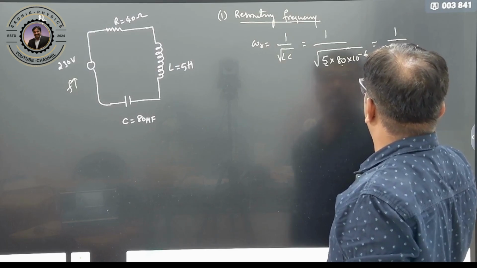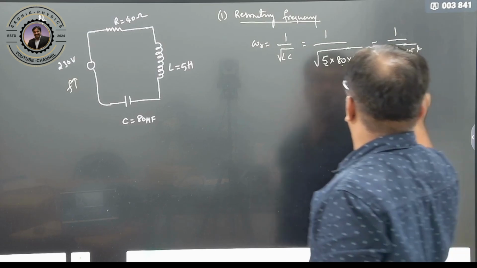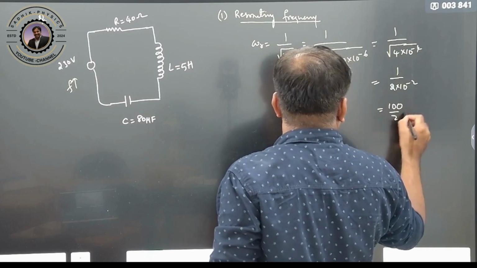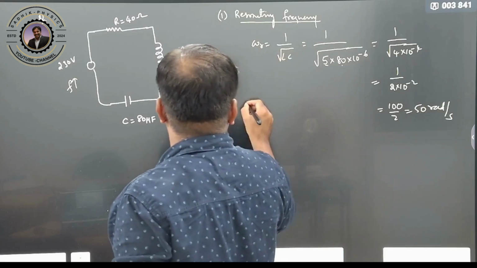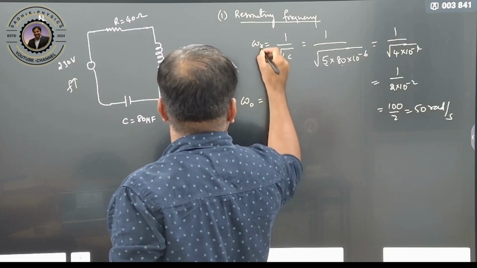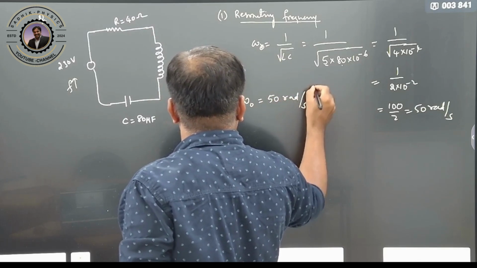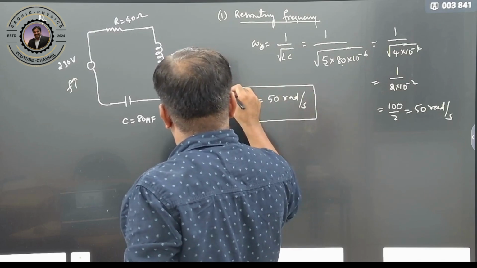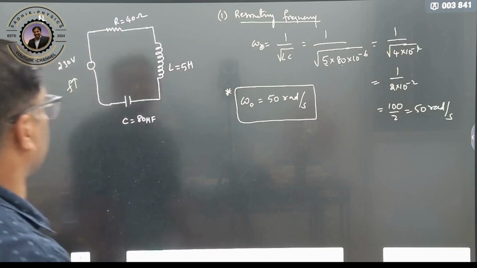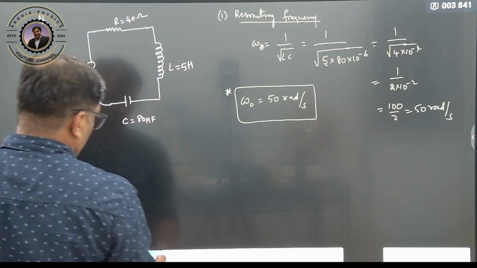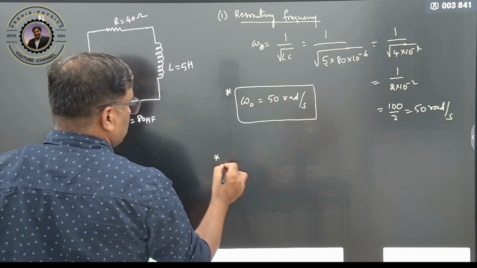That is 1 by 2 into 10 to the power of minus 2, so 100 by 2, that is 50 radians per second. Therefore omega naught is 50 radians per second. This is your angular frequency. Clear?